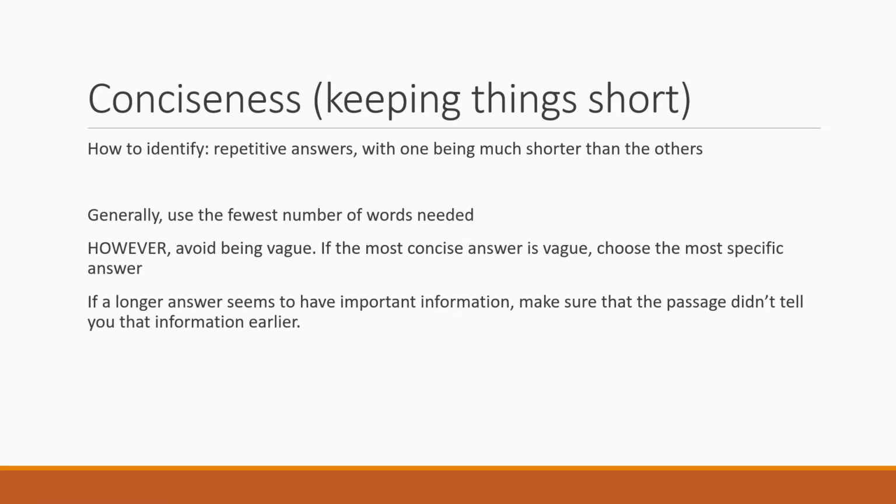It might be earlier in the sentence, earlier in the paragraph, or a little higher up on the page. So you actually can cut it out and choose the shorter answer because it's just repetitive to tell you that information again. So do double check if you think you're getting stuck on a conciseness question because you don't want to get rid of what you think is really important information.